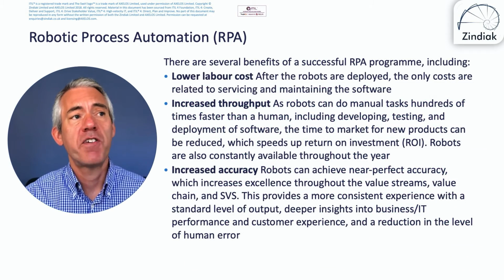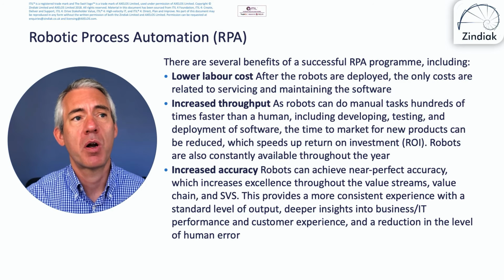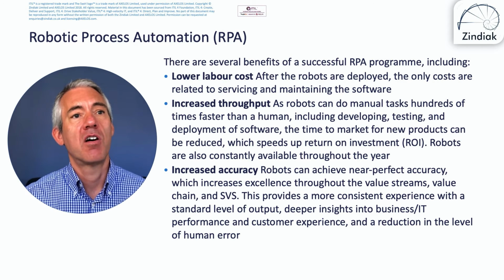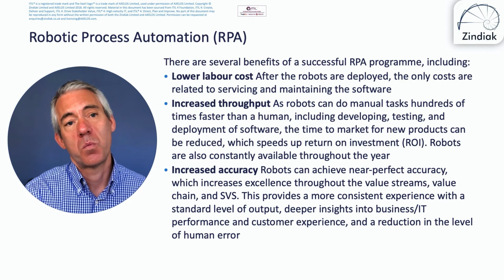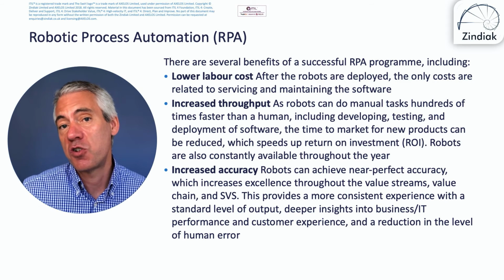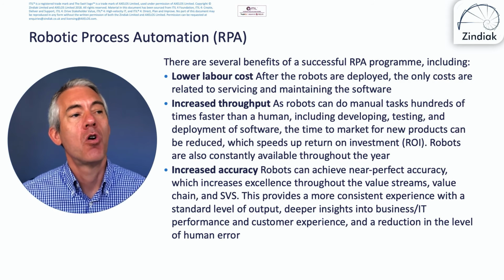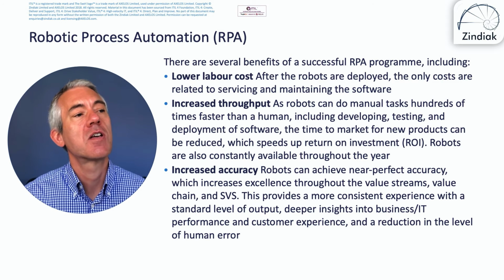There are several benefits of a successful robotic process automation program, including lower labor costs. So after the robots are deployed, the only costs are related to servicing and maintaining the software, and we can remove those jobs or redeploy those people, hopefully, into other more fulfilling roles.